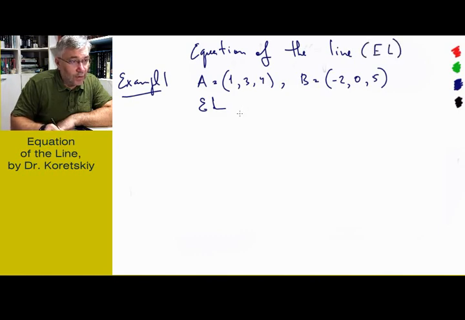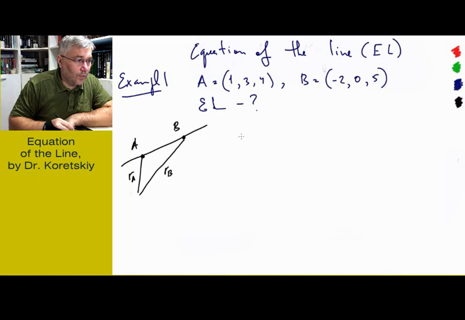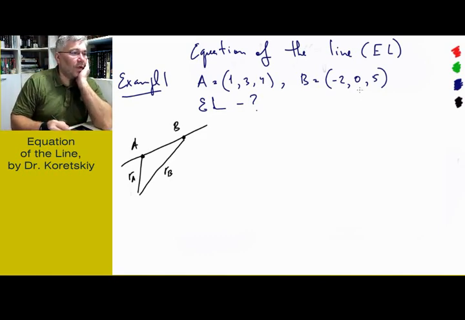I put here L to reduce our work. So let's define the equation of the line. So we have two points, A point here and B here, with radius vectors rA, rB. And I want to write down the equation of the line.